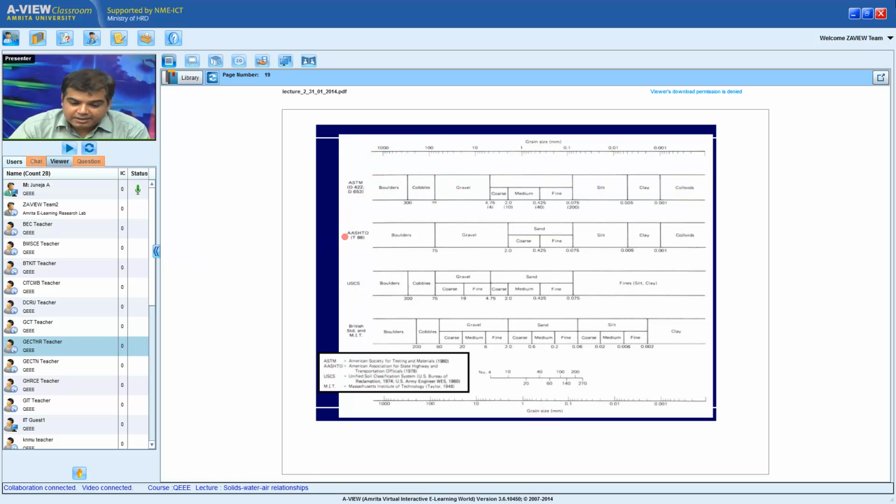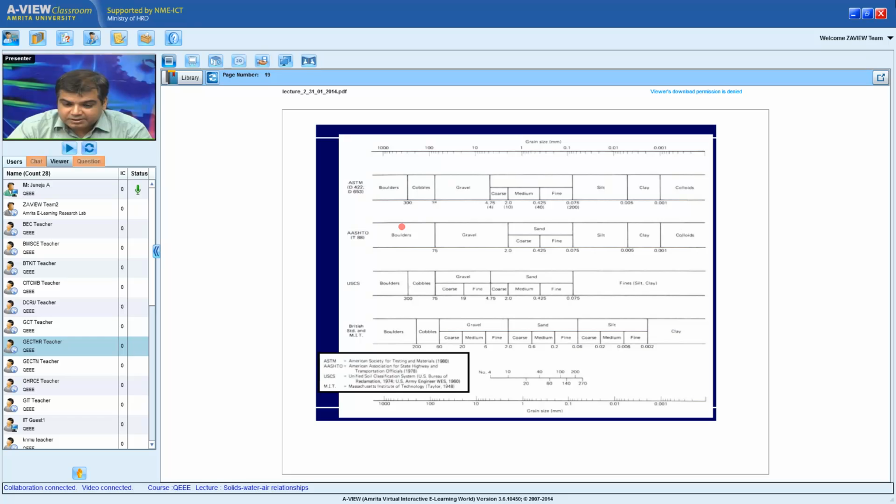If you go back home, AASHTO is a good classification system. I would like you to study this, as well as the USCS. USCS is very similar to our IS classification system. The last one is the British one. Here we are not looking at the classification, we are looking at the range of particle size defined by the various methods.